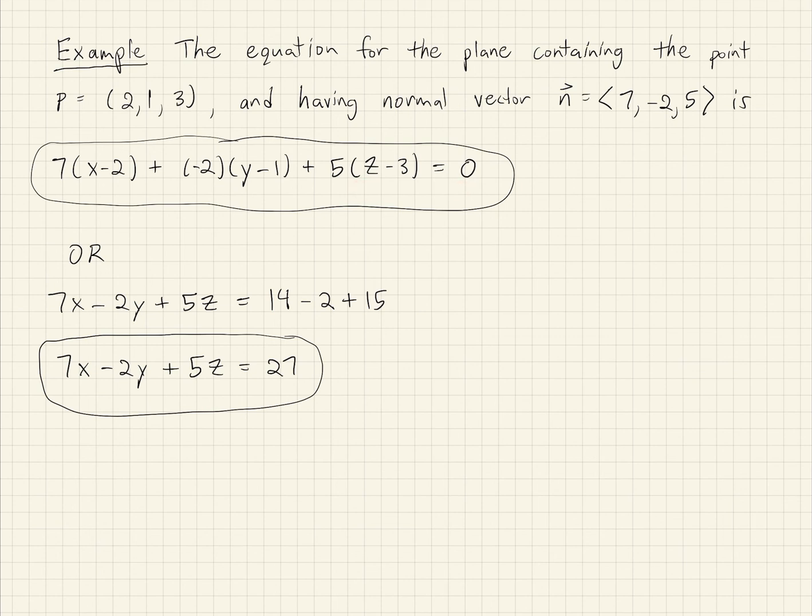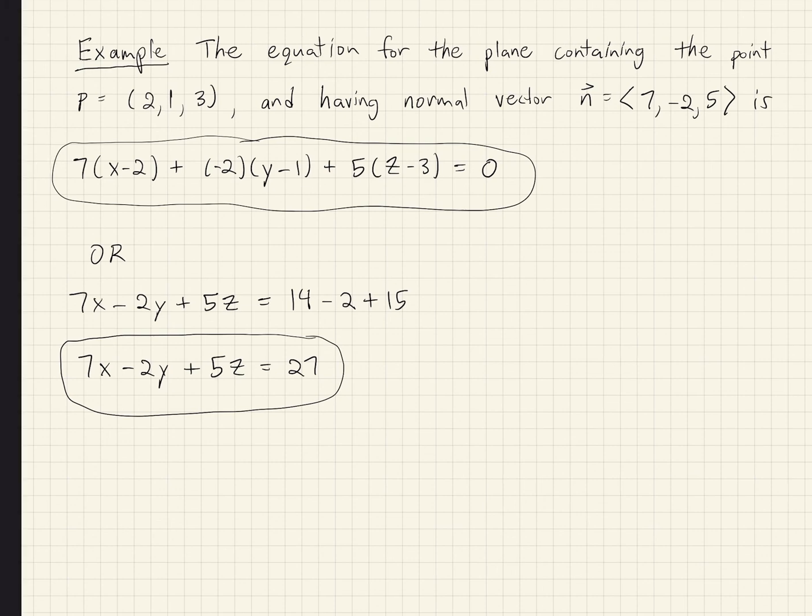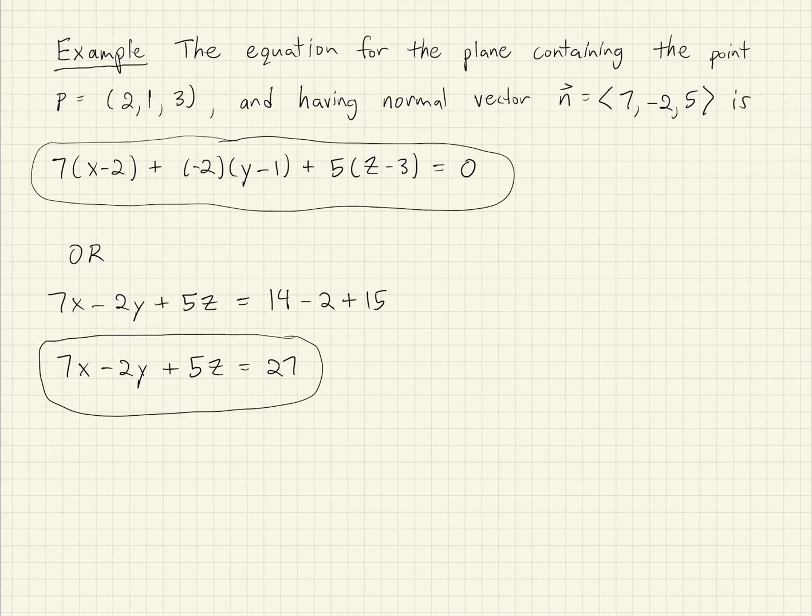And we could multiply that out, add all the constants to the right, and you get 7x minus 2y plus 5z equals 27. So this is the form of the equation for a plane. And again, we will do lots of examples to show how this works.